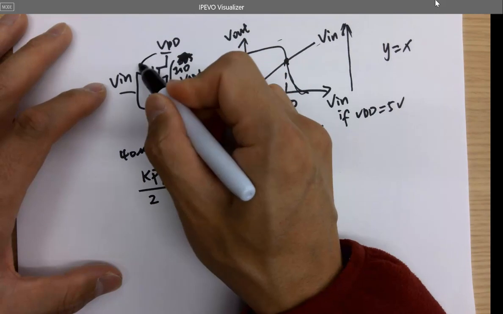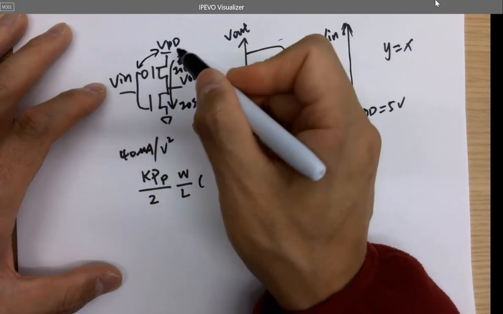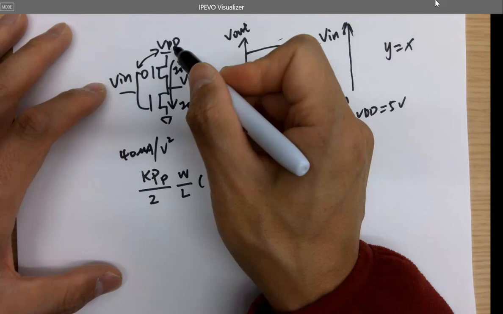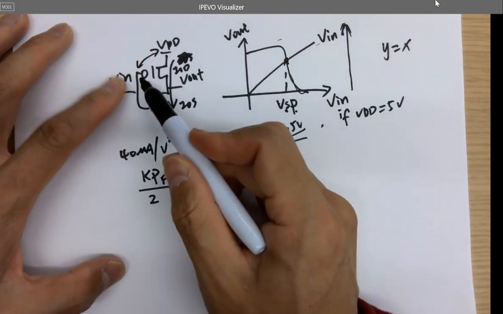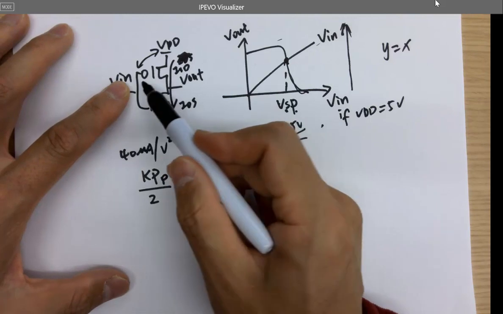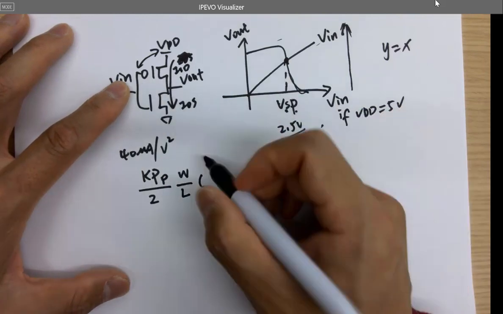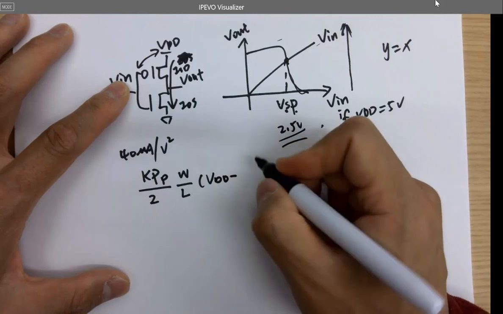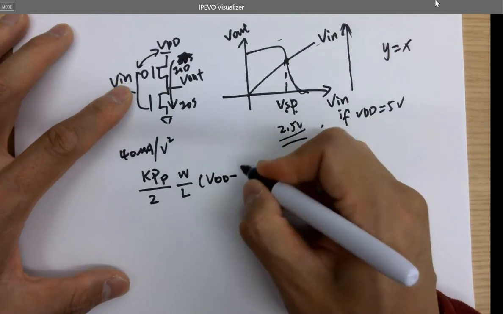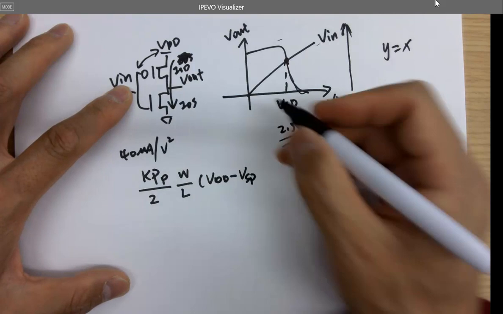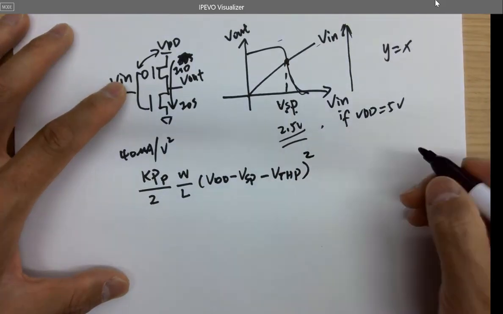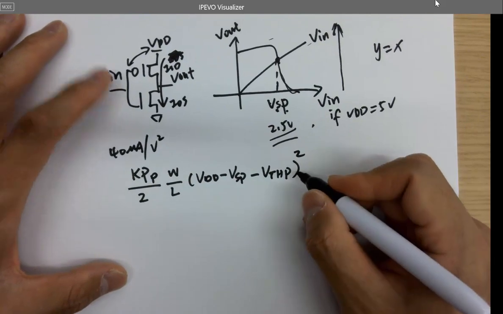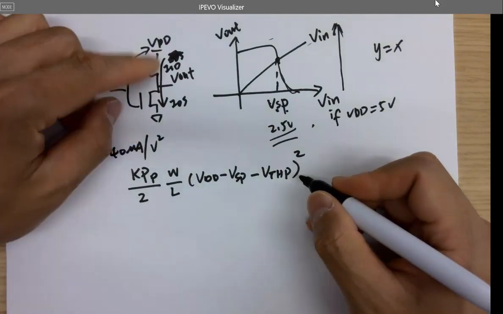So VSG here, the voltage difference between S and G, is VDD minus V in, and V in is VSP, so we just use VDD minus VSP at the moment it's switching. And that's the channel current, or source-to-drain current, of the PMOS.